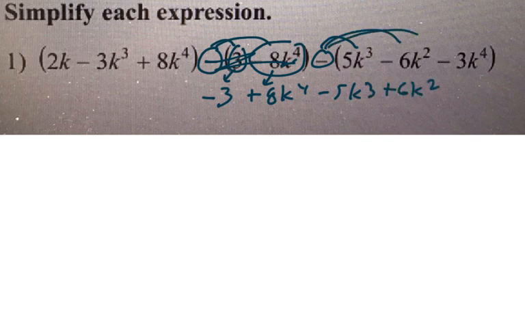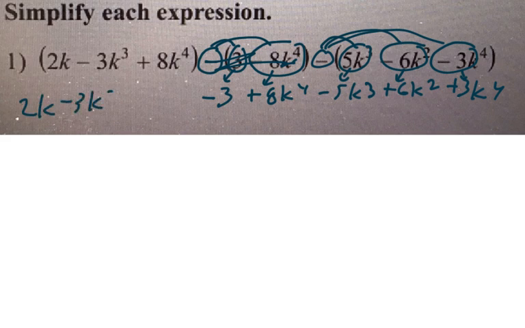Distribute that minus. So 5 becomes minus 5, minus 6 becomes plus 6, minus 3 becomes plus 3. Now we still have the original first parentheses here. Nothing changed because there was no number or minus to distribute there.